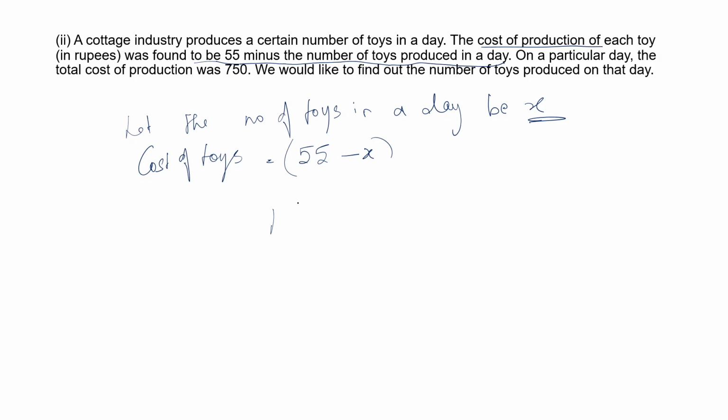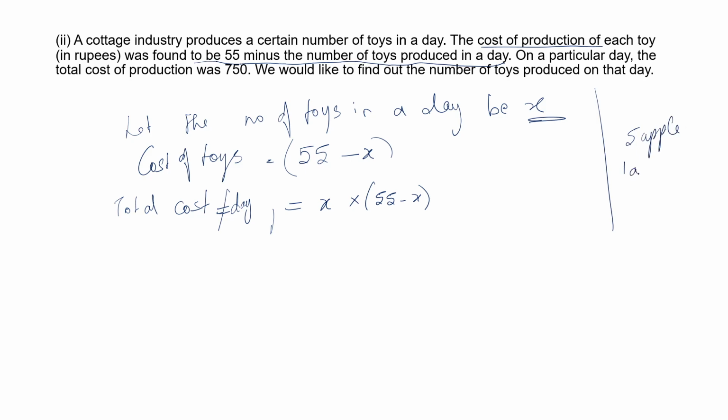On a particular day, the total cost of production was 750. Total cost. So how will we find the total cost of production per day? It is the number of toys produced into the cost of the toys. Suppose you are buying 5 apples.